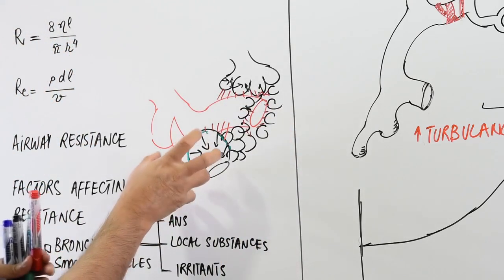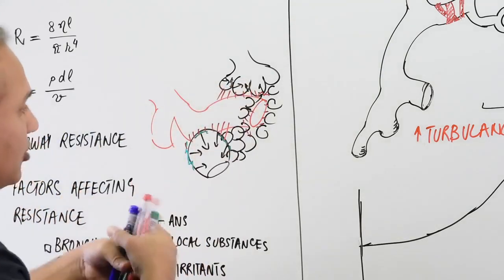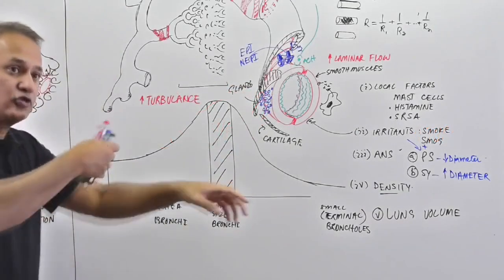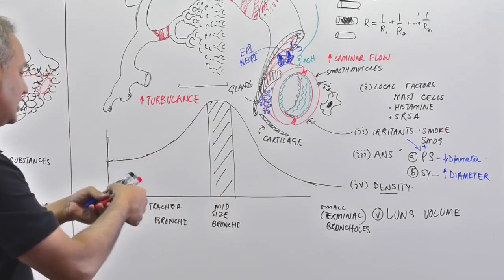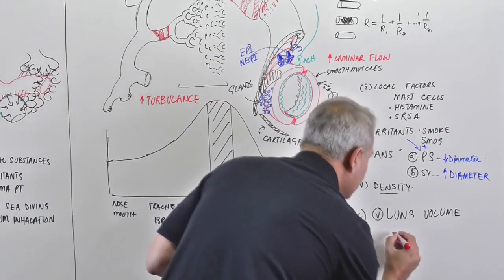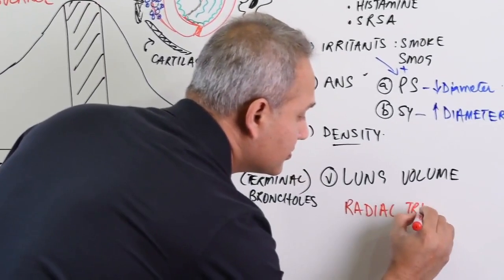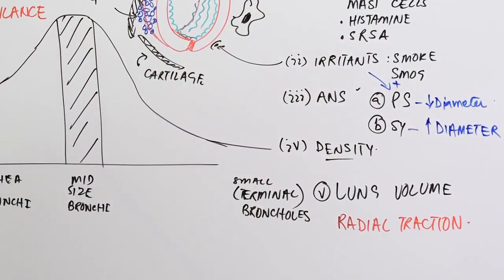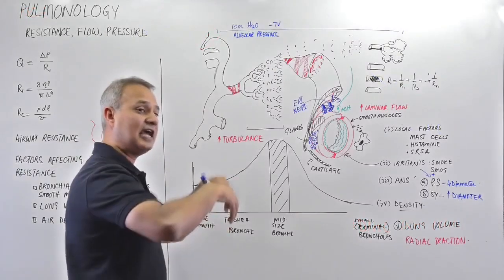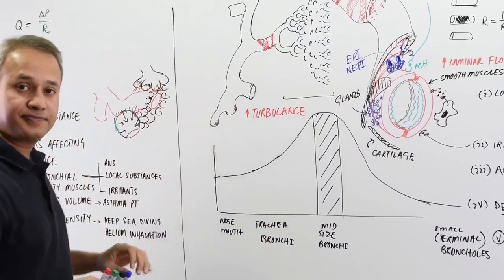So when the alveolus tries to collapse, it exerts traction on the airway and pulls it open. This is called radial traction, exerted by the alveoli on the bronchial pathways.